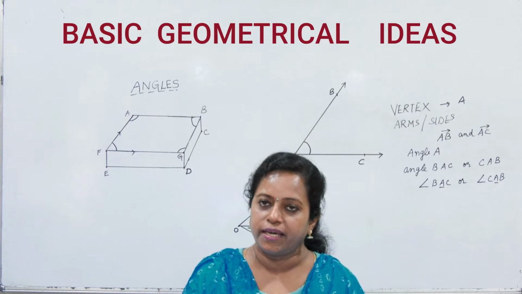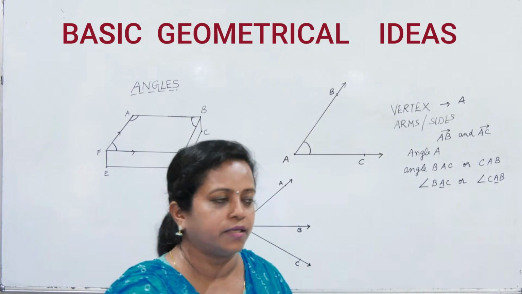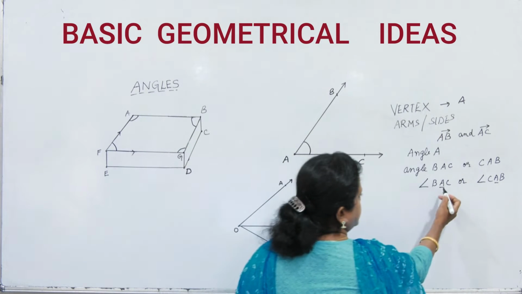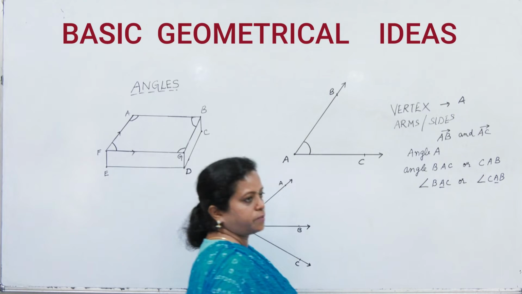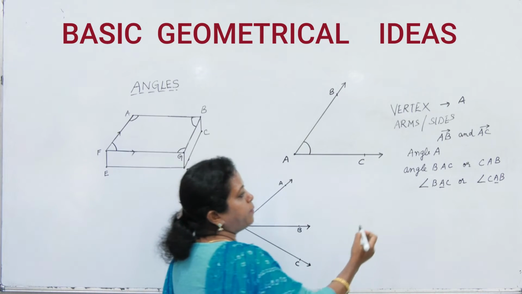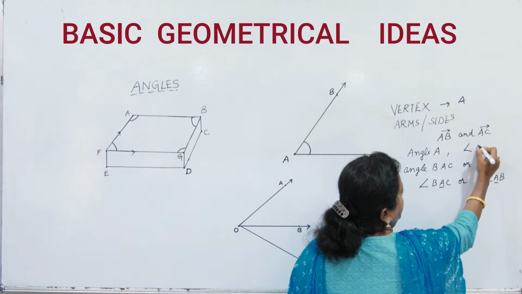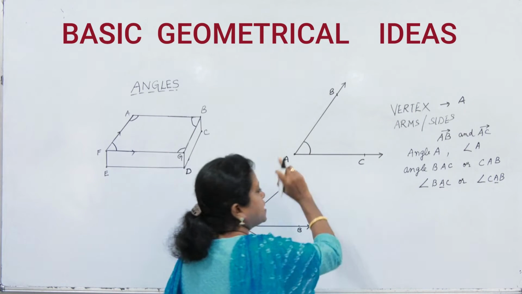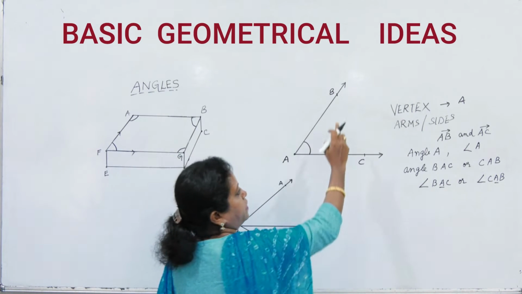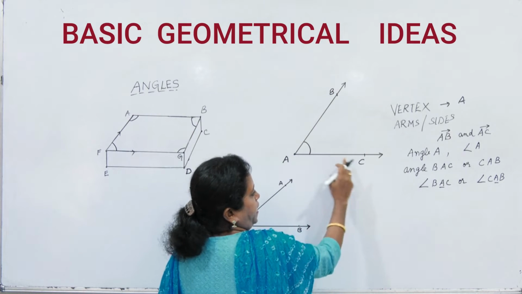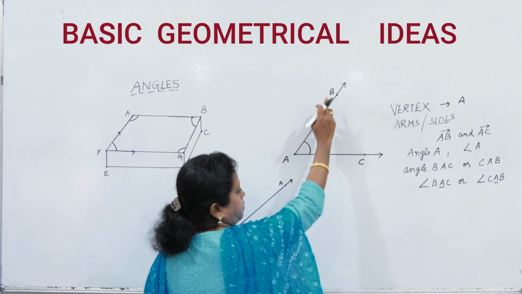Whenever you use 3 alphabets for writing the angle, you have to remember that you have to place the vertex at the center. So the 2 ways are either by using the vertex, where I can name it as angle A, or it can be written as angle BAC or angle CAB.